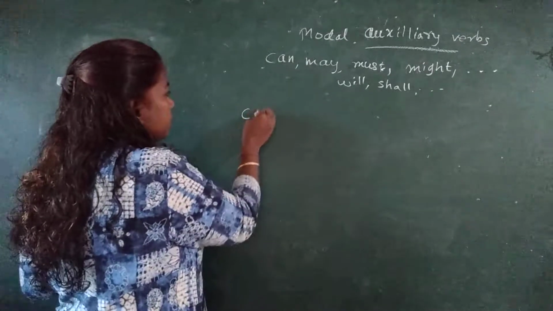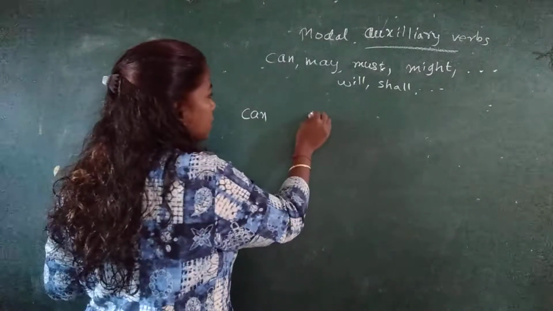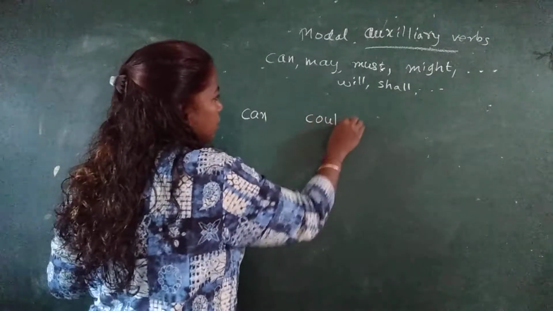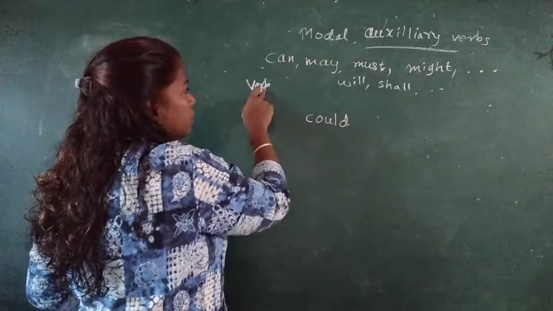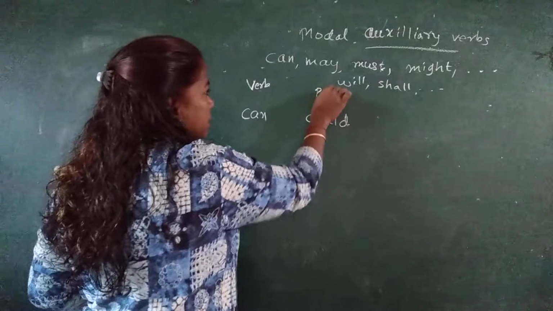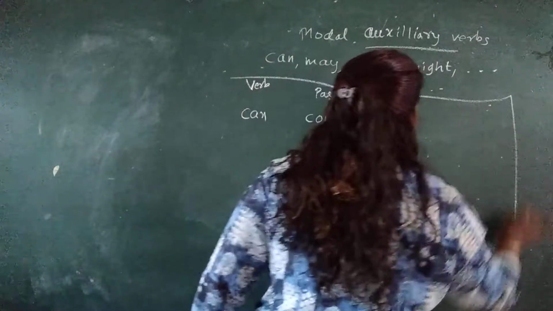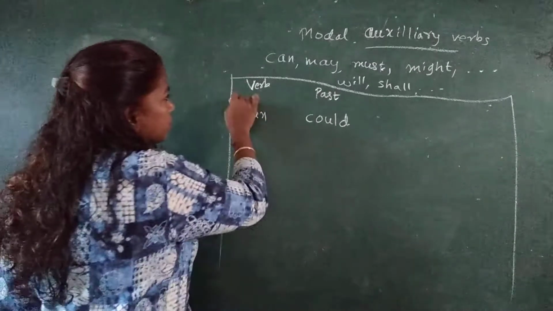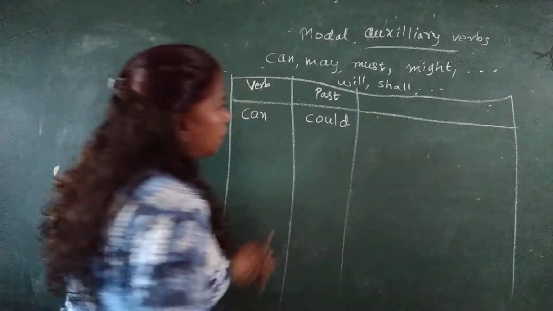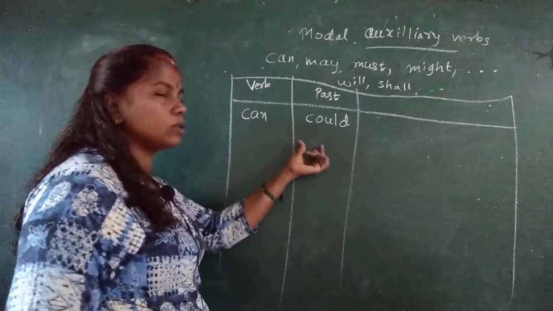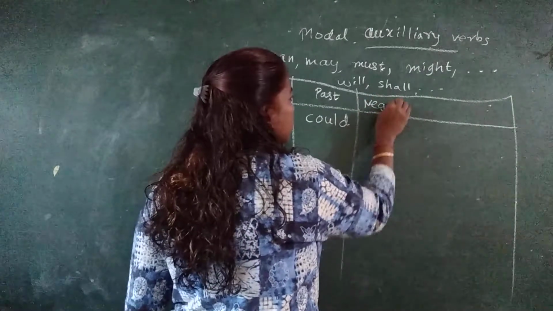Now, for example, can. What is the past tense of can? Could. This is one modal auxiliary verb, and this is the past tense form of the verb. Past tense of can is could. What is the negative form?